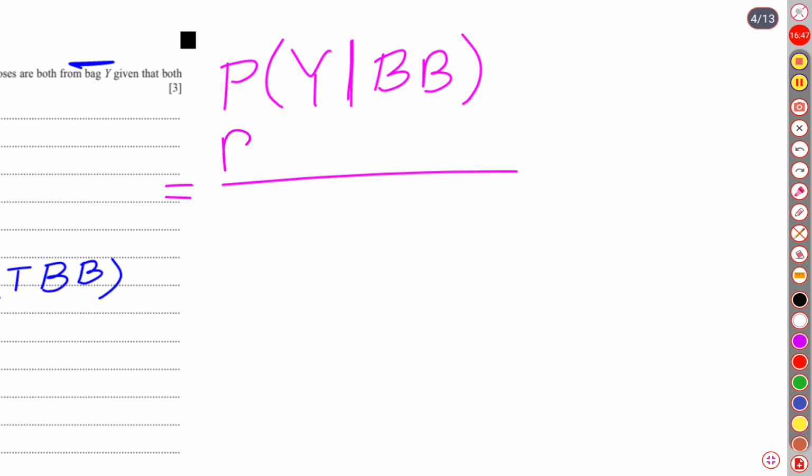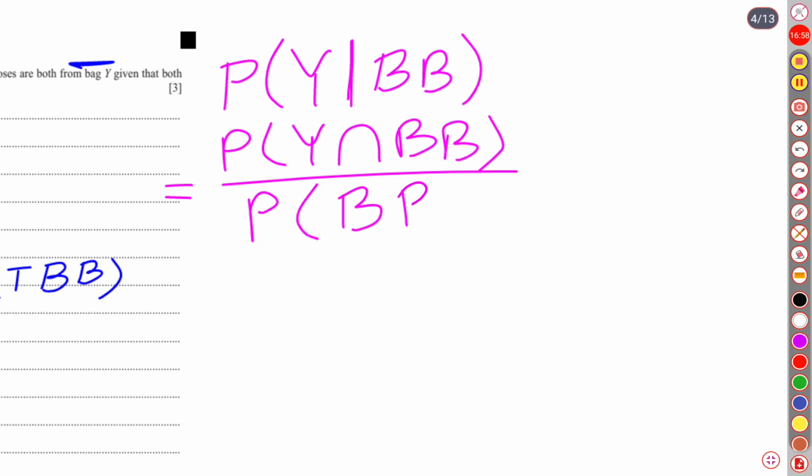It is equal to probability of Y intersection blue, blue over probability of blue, blue irrespective of any more restriction. So we have already found the supporting information.